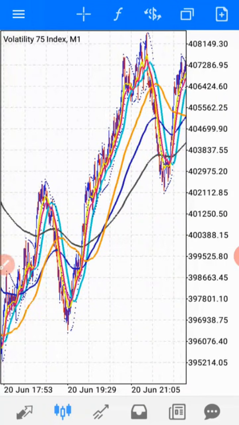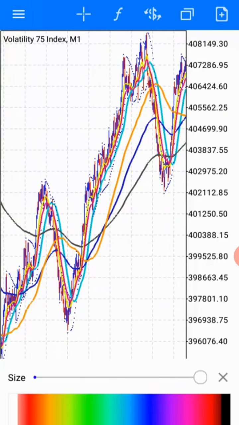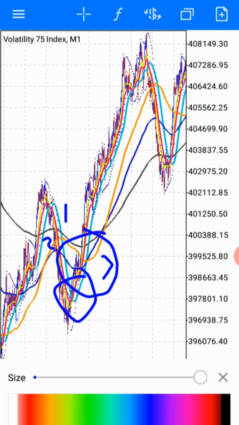See our get ready here. See, everything is together. So if you find this kind of opportunity whereby they are together like this, and it shows a kind of clear trend, like the last moving average is at the top, the second moving average at the middle, the first moving average down there, you can also take a trade, as long as the last moving average is at the last and the first one is at the bottom.